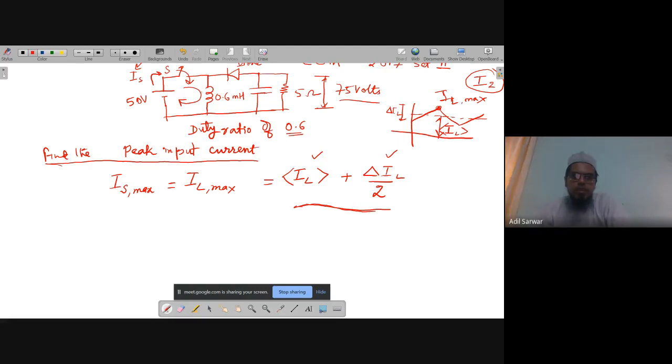If I apply KVL in this loop, with plus and minus as marked, the inductor voltage is equal to 50 from KVL when S is conducting.